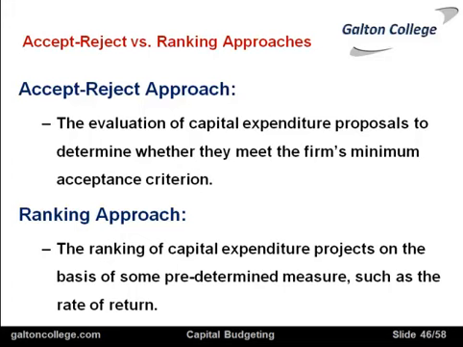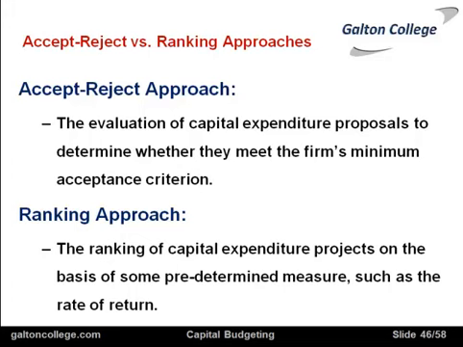Accept and reject, well, you look at the project proposal and you accept it or you reject it. There's nothing in the middle. You don't say we will half invest, or we will set up the facility to bring this online in the future, you just accept it or reject it.